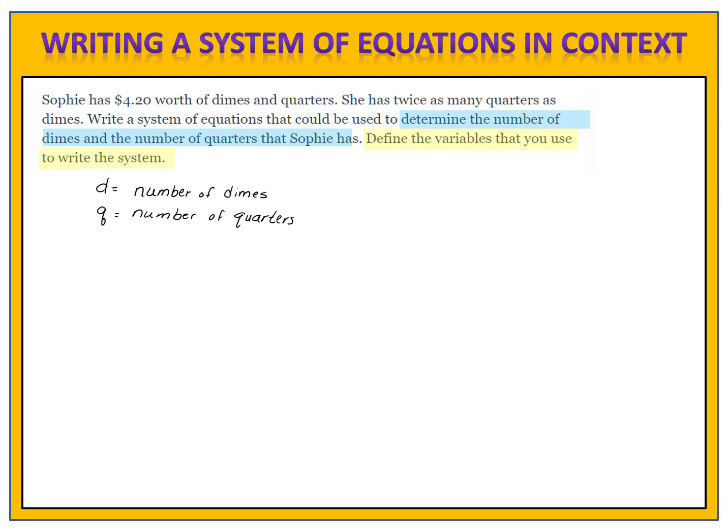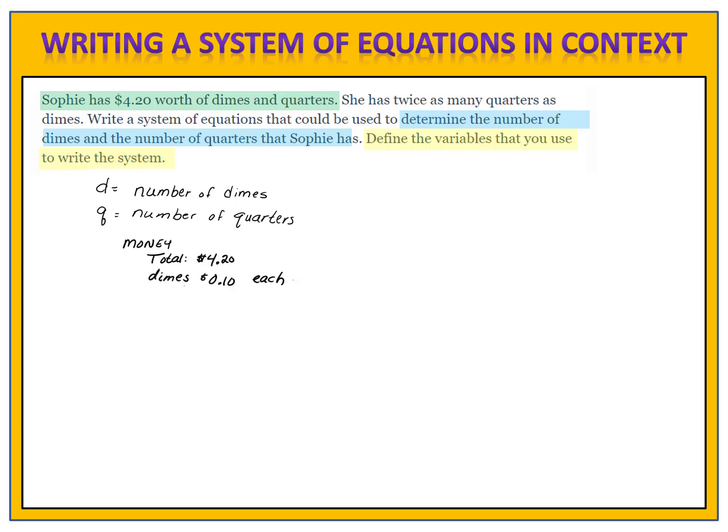Next, we want to write our system of equations. The first piece of information that I see is that Sophie has $4.20 worth of dimes and quarters. This is all related to money. She has $4.20 in total.